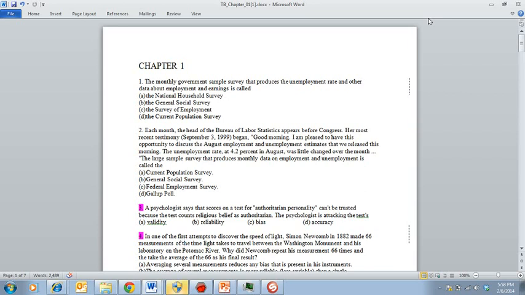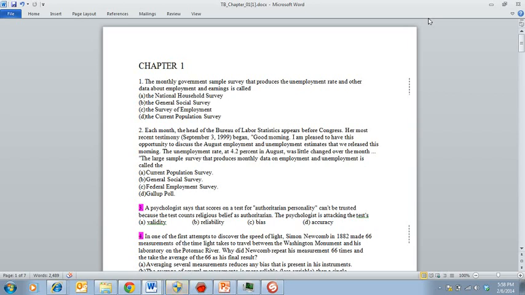So validity, what it's asking is, is it a valid way to test for authoritarian personality by looking at your religious beliefs? Reliability would be looking at if somebody's going to give a different answer all the time, or maybe it's worded in such a way that a person would rather not answer a certain way.